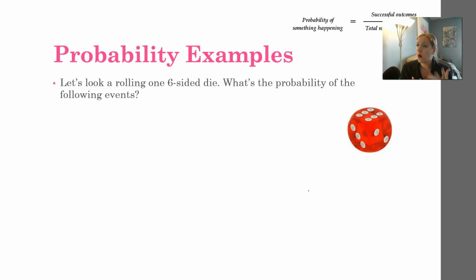So let's walk through some examples, because the best way to understand probability, since there's so many different examples that you could use, it's just practice.